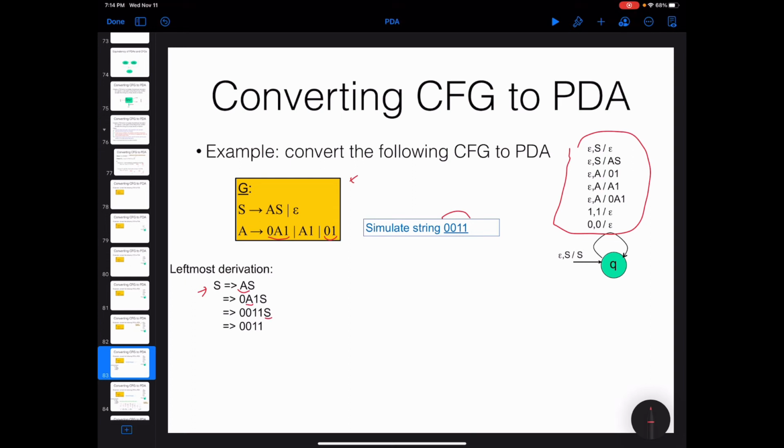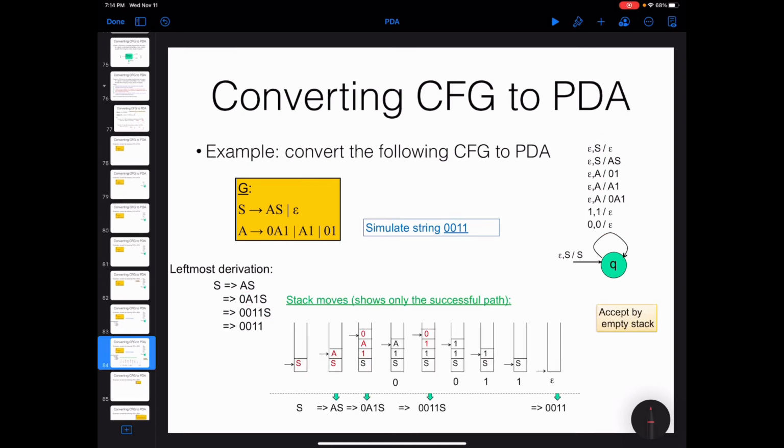So this tells me how the grammar generates this string. What the pushdown automata that we have created does is exactly simulate what would happen in the leftmost derivation.